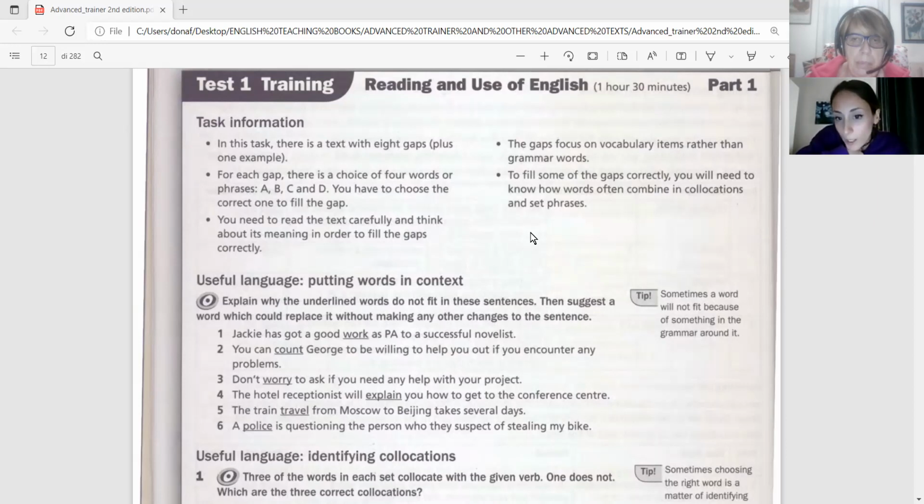per riempire alcuni di questi spazi correttamente, avrai bisogno di sapere come le parole si combinano nelle collocation and set phrases. Non lo traduciamo perché le collocation sono la base di tutti gli esami di Cambridge, nel senso che quando hai uno spazio e devi mettere una parola mancante, quella parola può dipendere dalla parola che segue o dalla parola che precede.